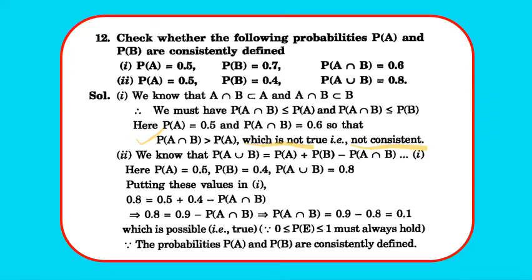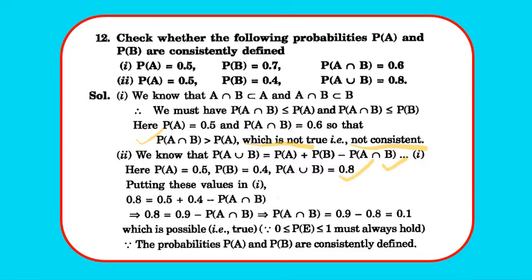Clear? And second part is we have P(A) equals 0.5, P(B) equals 0.4 and P(A union B) equals 0.8. Now for consistency we need the value of the intersection. So we need to find the value of P(A intersection B). So using the formula P(A union B) equals P(A) plus P(B) minus P(A intersection B), where P(A) is 0.5, P(B) is 0.4 and P(A union B) equals 0.8.